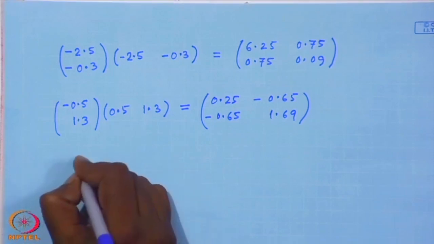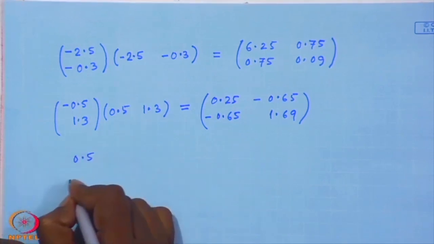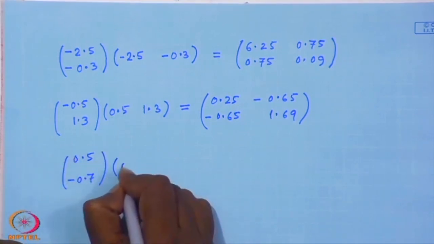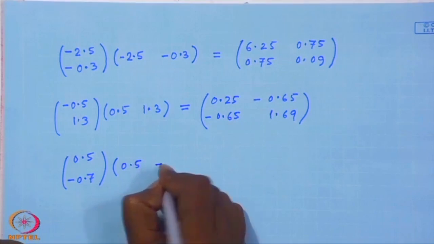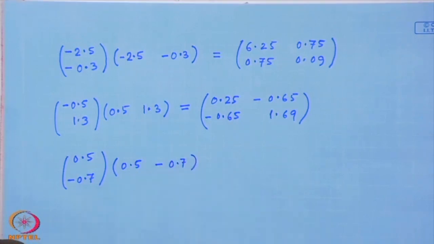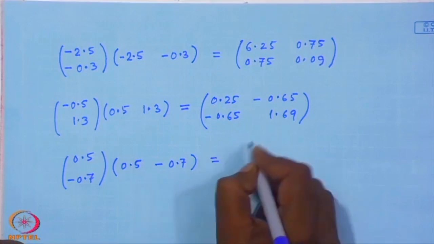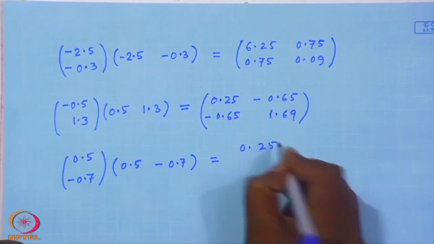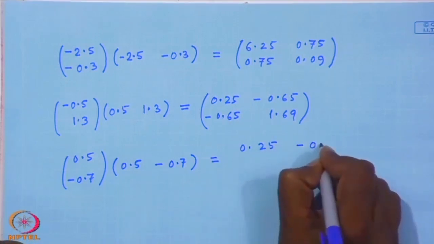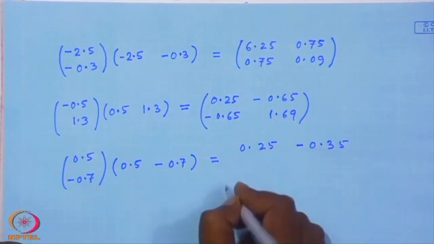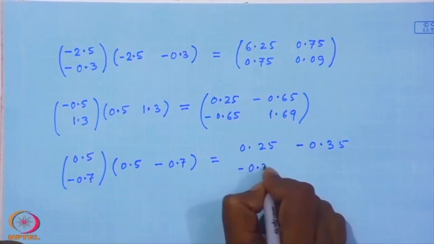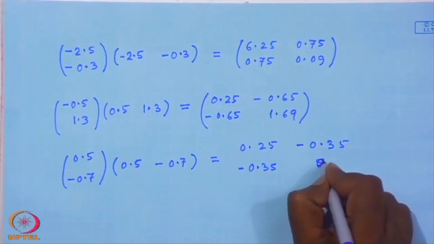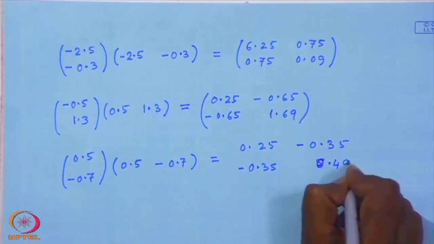For the third one, which is 0.5 minus 0.7 into the row vector 0.5 minus 0.7, this will be simply 0.25, minus 0.35, minus 0.35, and this one will be 0.49.